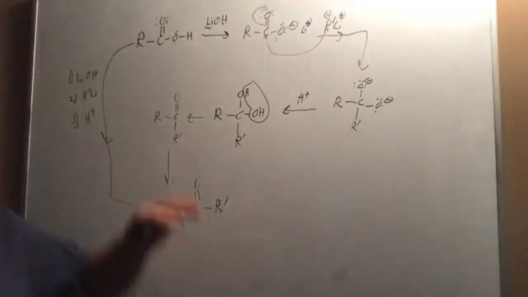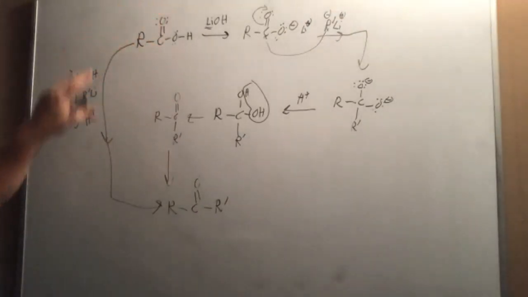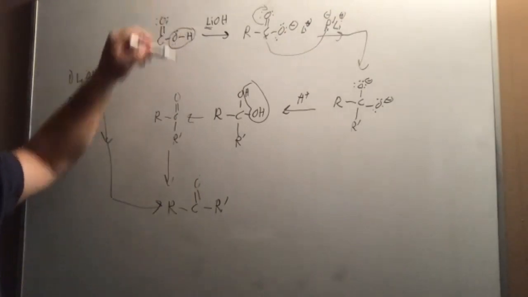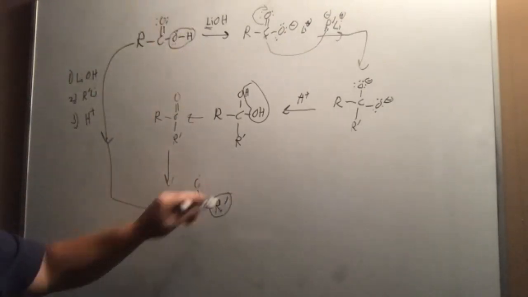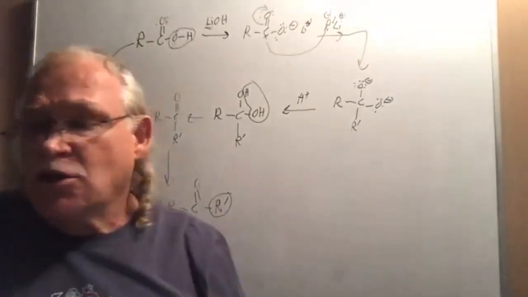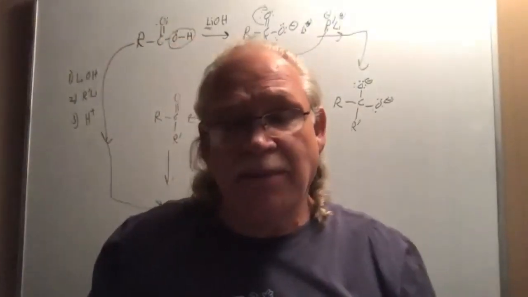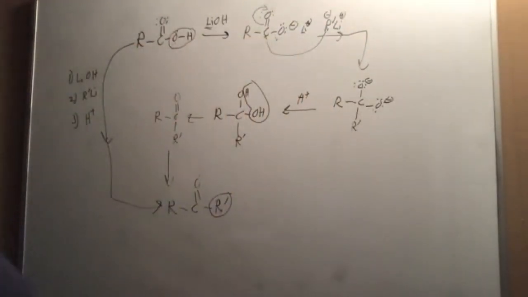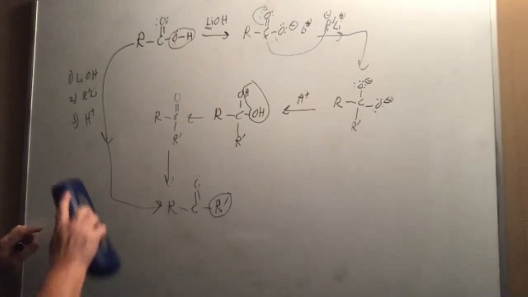So the overall result of this is the carboxylic acid becomes a ketone. Now, some of y'all are going to say the overall result of this is the OH gets replaced by an R prime group. And that's the same thing. Notice it's exactly the same reaction. So again, these reactions are not magic. They make perfect sense. Now let's look at another reaction.